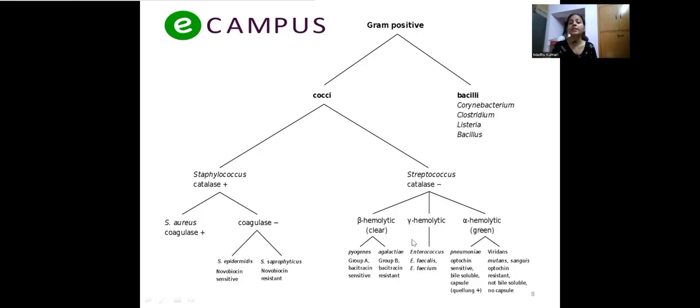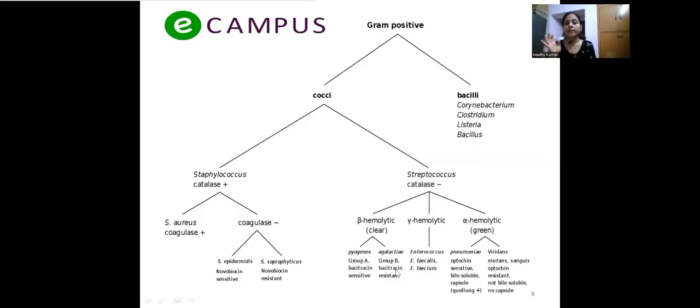Beta hemolytic shows a clear zone and alpha hemolytic is green in color, right? For example, Streptococcus pyogenes, group A, is bacitracin sensitive, right? Group B is bacitracin resistant, right? So these are the antibiotics to which bacteria are resistant or sensitive. According to that, we classify these bacteria, right?